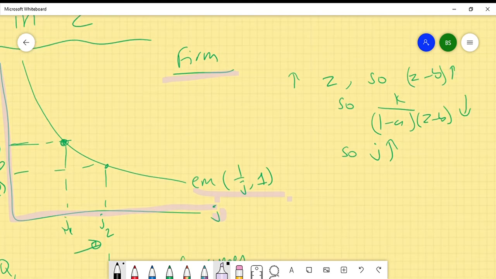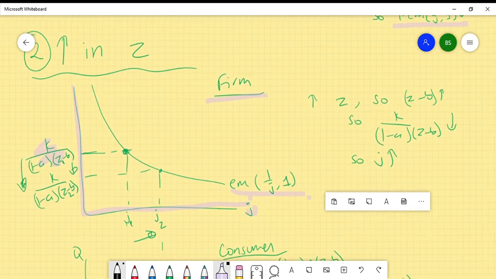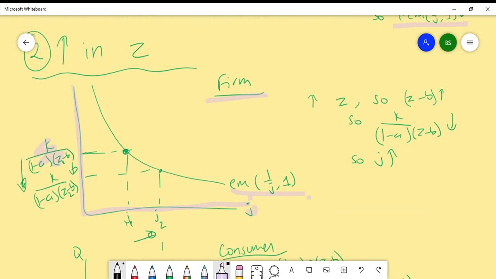So the Z minus B increases, so K over Z minus B decreases. So this whole thing decreases, and we basically get to a higher J, so J increases.